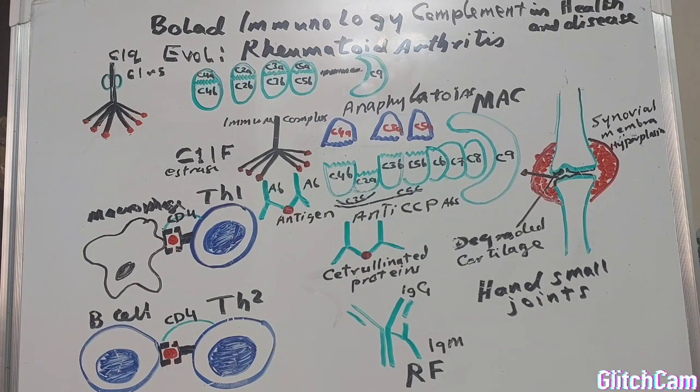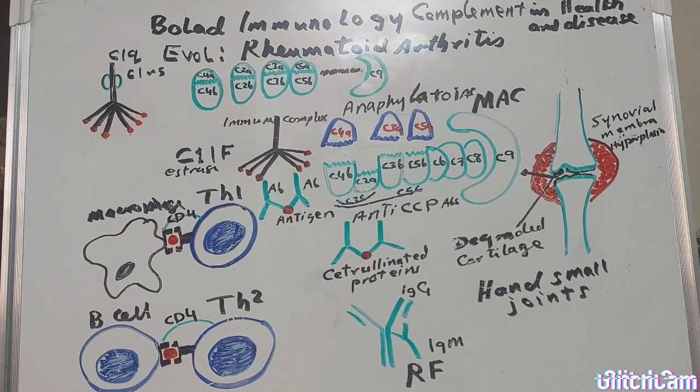And also these anti-CCP antibodies have diagnostic value, and also a prognostic value. So you can follow the efficacy of the treatment by detecting these antibodies every now and then.